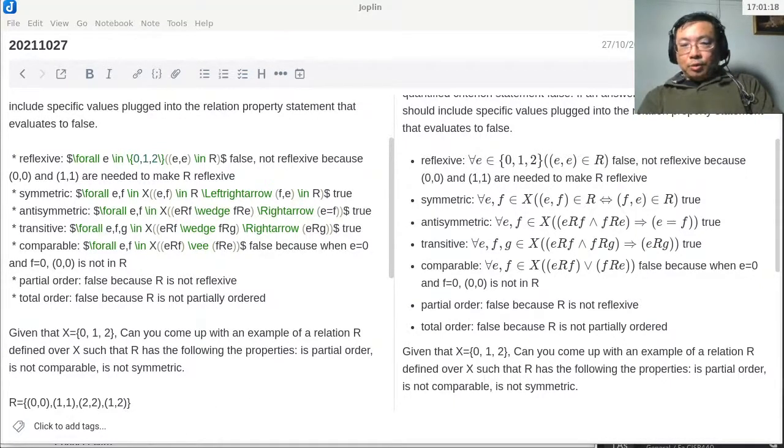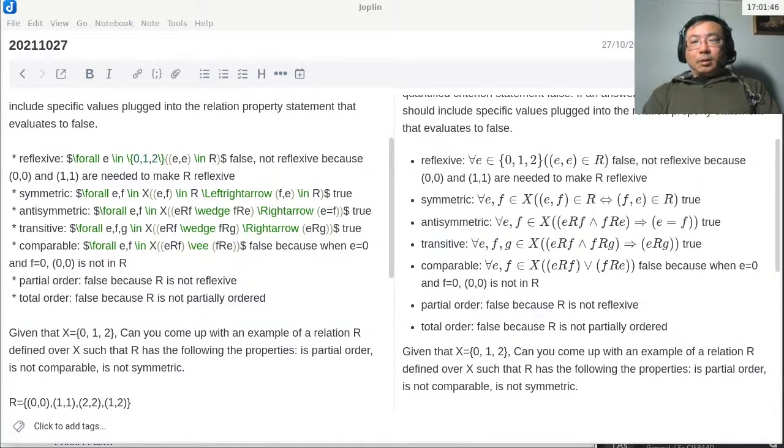So if you choose E to be 1, F to be 2, and then G also to be 2, then it is transitive. If you choose E to be 1, F to be 1, and then G to be 2, it is also transitive. That is correct. You can also choose E, F, G all being 0. You can choose E, F, G all being 1. You can choose E, F, G all being 2, and it is still transitive.